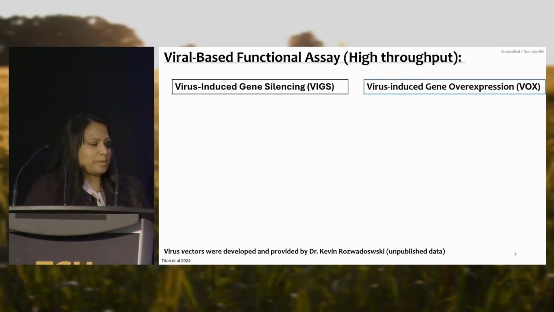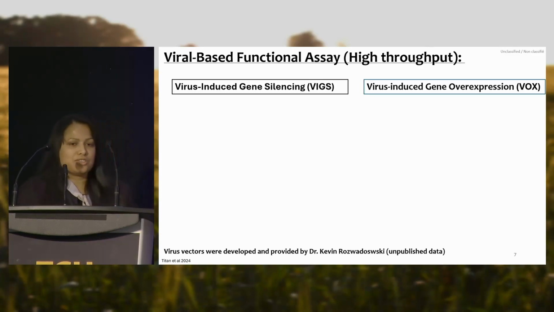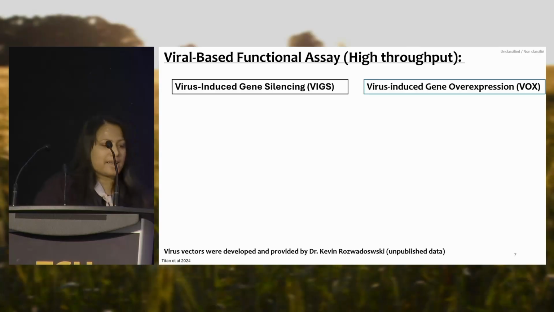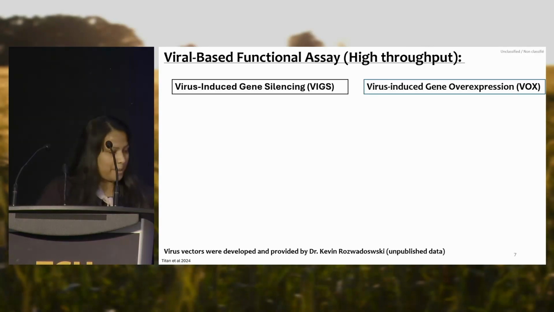But our collaborator, Dr. Kevin Rodowski, has developed one specifically for Brassica. He provided us this virus system, and we have used it for two approaches: gene silencing and gene overexpression of our target genes.